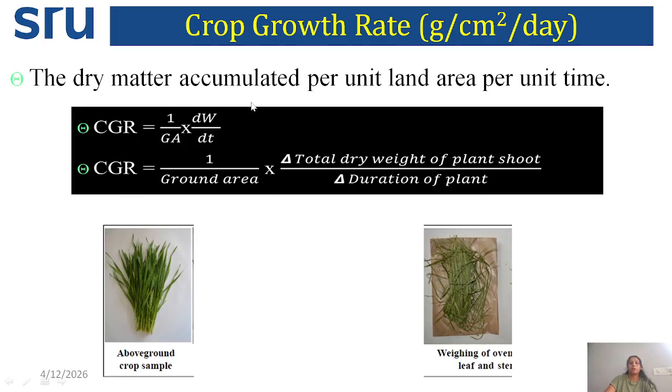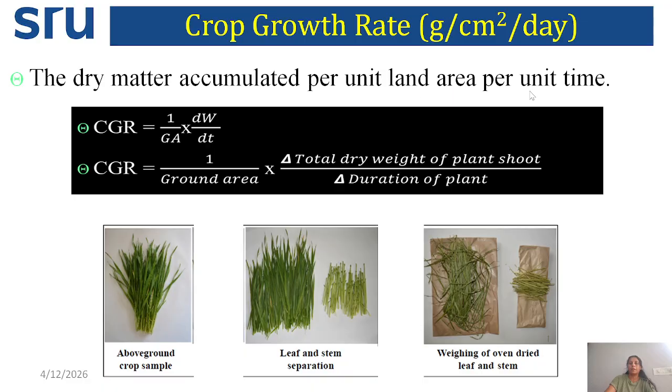So dry matter accumulated per unit land area gives the crop growth rate. To measure it, you need an above-ground crop sample, like leaf, and the weight of the crop. You have both values and you measure over a certain time period, and you can analyze the crop growth rate.